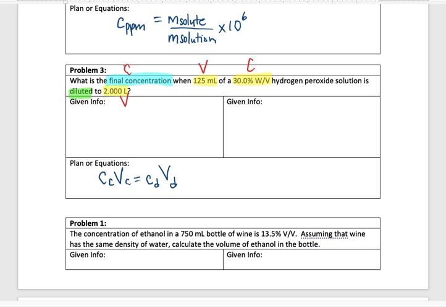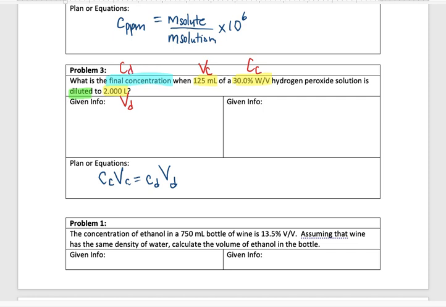This concentration of hydrogen peroxide is diluted, watered down, to 2 liters.